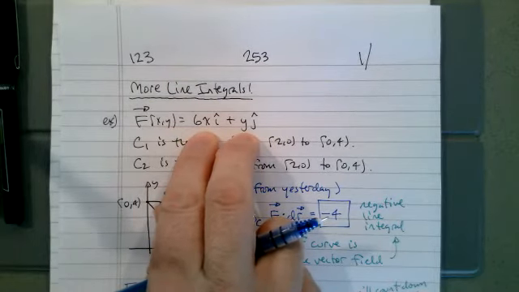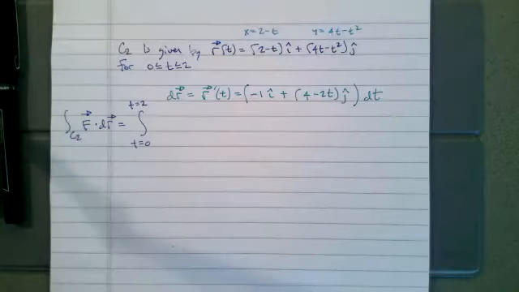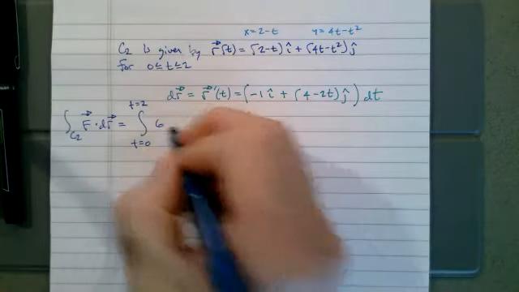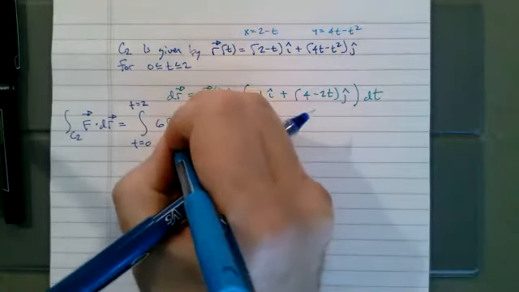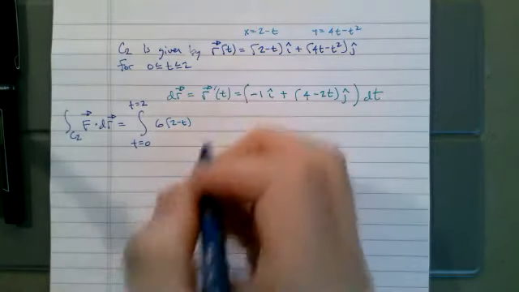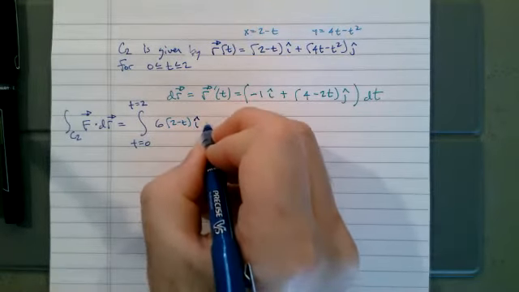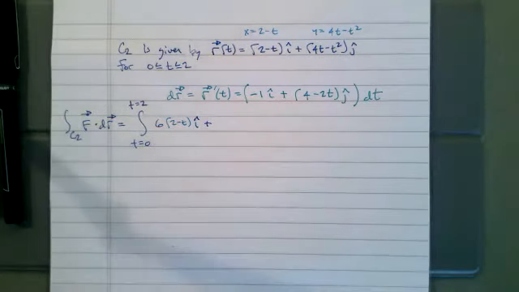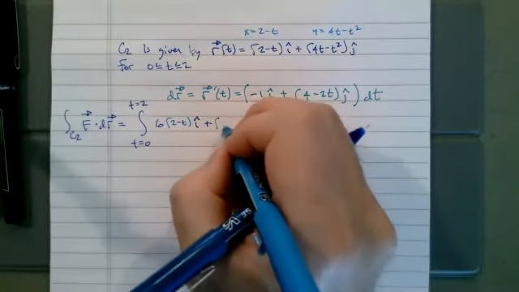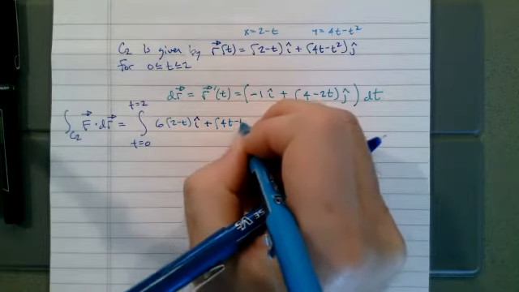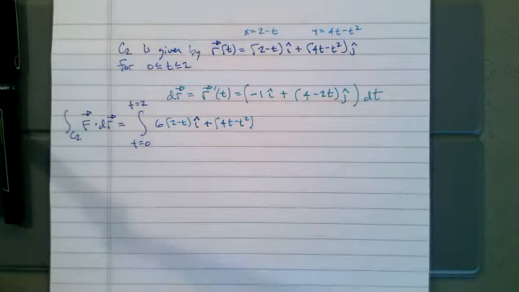So with x and y, it's 6 times x, 2 minus t, i, plus y times j.